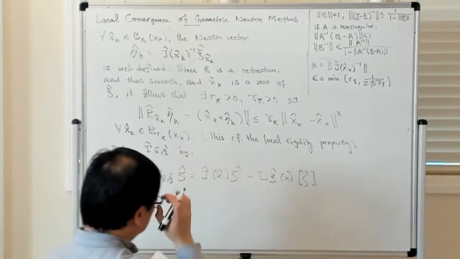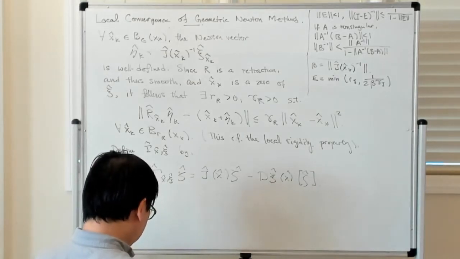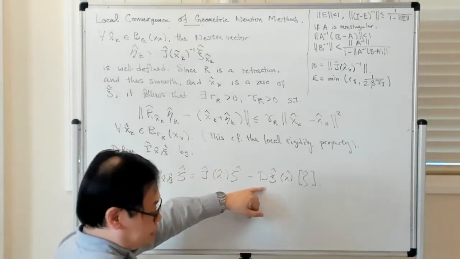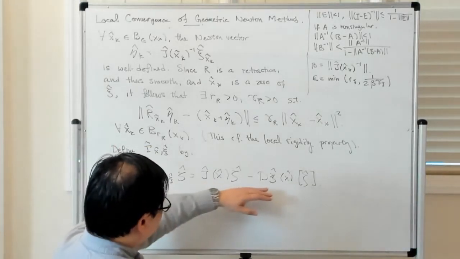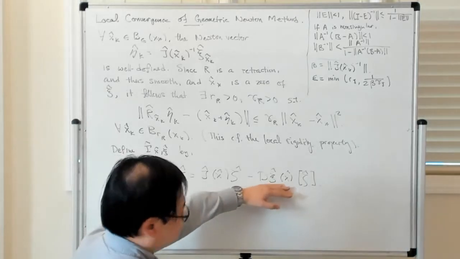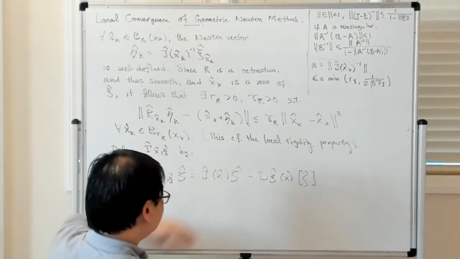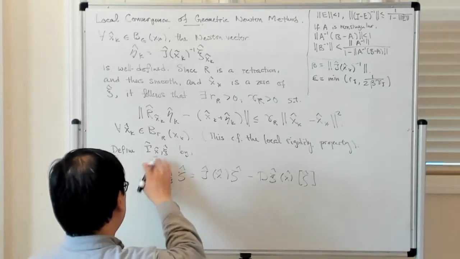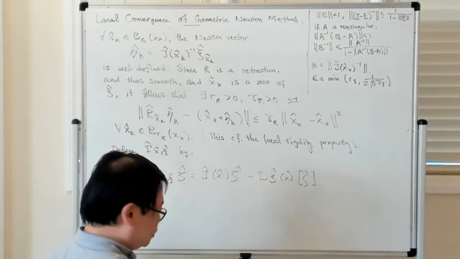The way to think about this is that we're going to look at the difference between these two operators, because if you recall, this of course shows up in the classical Newton method, and this shows up in the geometric Newton method. So I'm going to have some expression which tells me the difference of how they behave. Maybe transport operator is a bad way of thinking about this; it's really the difference between these two operators.